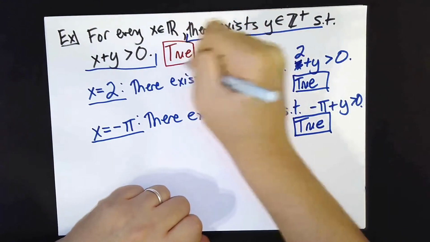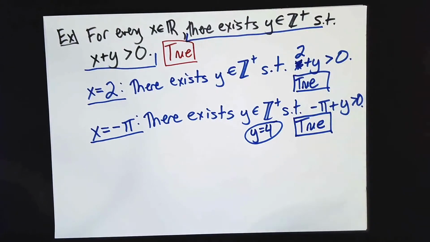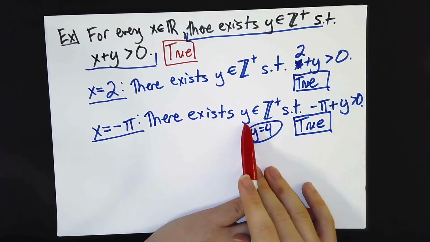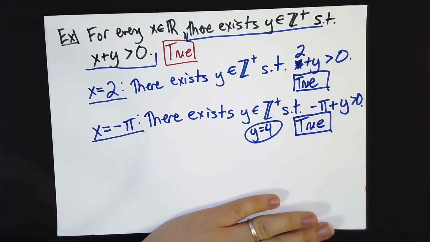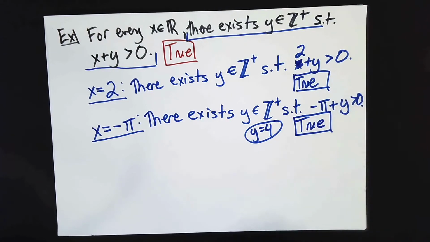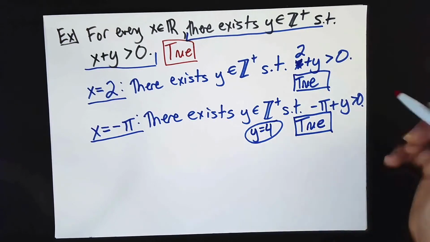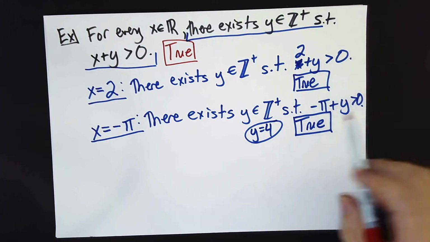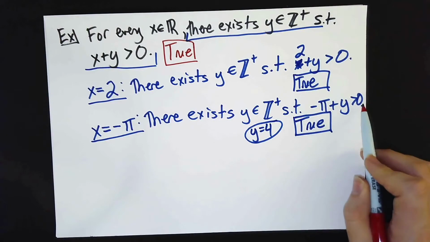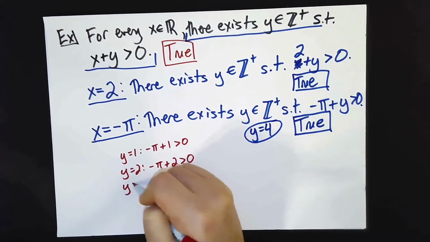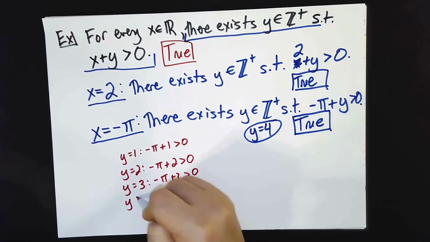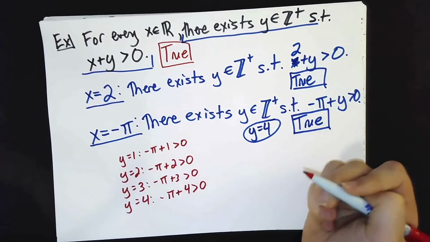So, summary, just remember every quantifier is letting you write down a whole bunch of statements at once. And so when we say something like there exists y in the positive integers such that minus pi plus y is greater than 0, we're really making here a whole bunch of statements. One for y equals 1, minus pi plus 1 is greater than 0. One for y equals 2, one for y equals 3, one for y equals 4, and so on.